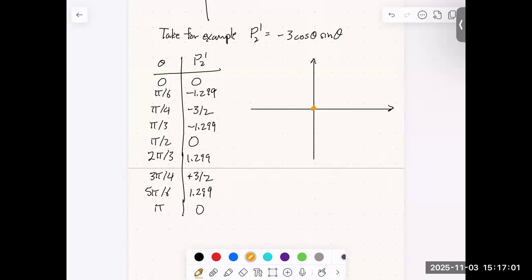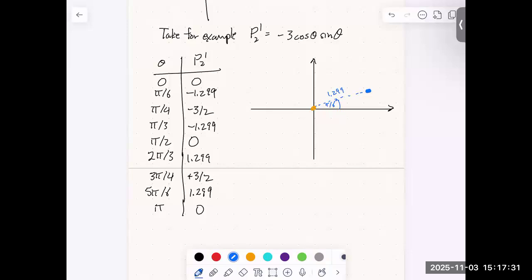It's 1.3, essentially. So 30 degrees is something like this, and from the origin to this point, we'll say is 1.3. So this is 1.299, and this is pi by 6. So there's 1 point.